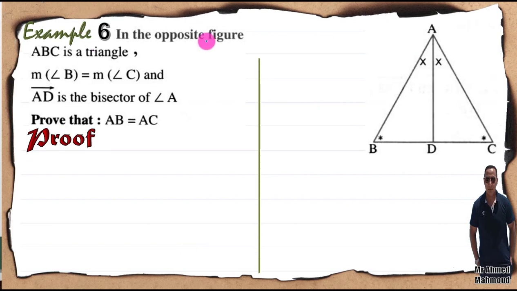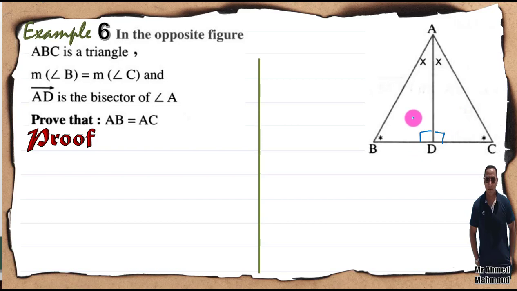Here also in this case, angle B equal to angle C and AD bisect angle A. Okay, prove that AB equal to AC. Here we have two triangles as we see. Angle CAD equal to angle BAD, angle C equal to angle B. That means angle ADC equal to angle ADB.